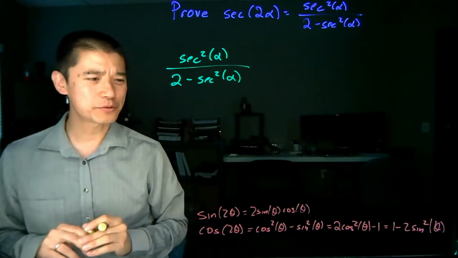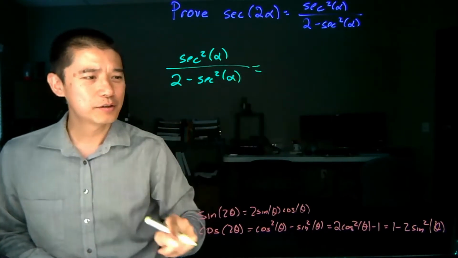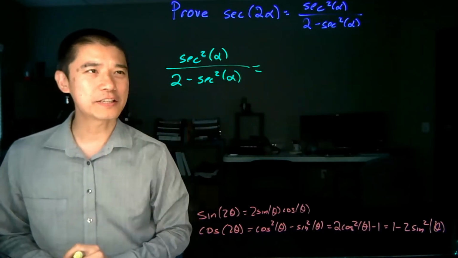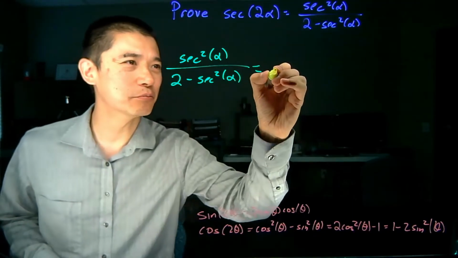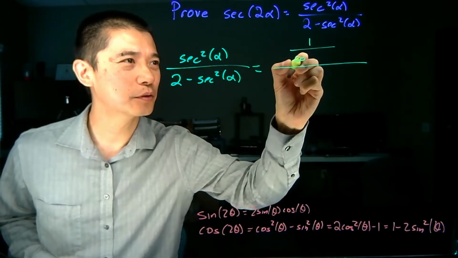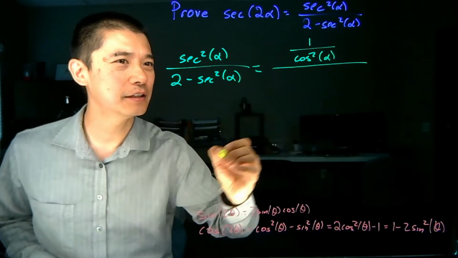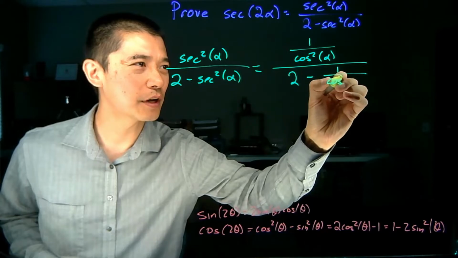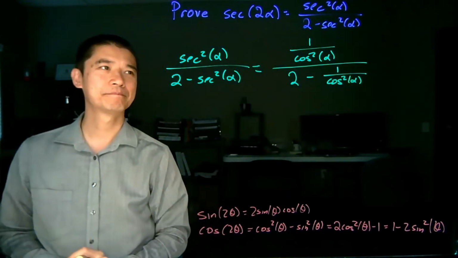Now the first thing to observe is that all these functions down here involve sines and cosines. And so writing this as secant is not going to help us move forward. So we need to rewrite all of this as cosines. So 1 over cosine squared alpha, 2 minus 1 over cosine squared alpha.